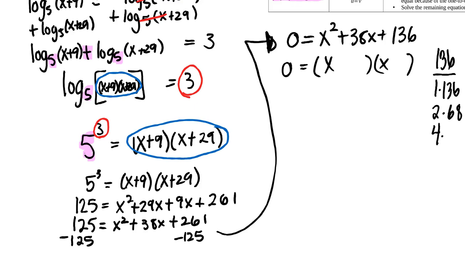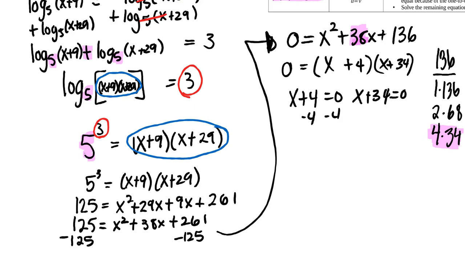That number's still even, so 4 goes into it 34 times, and that's the one that's going to do it for us. 4 and 34 make 38. So 4 and 34, both of them plus. I'm going to set each factor equal to 0. Subtract 4 on both sides gives me x equals negative 4. Subtract 34 on both sides. I get x equals negative 34.